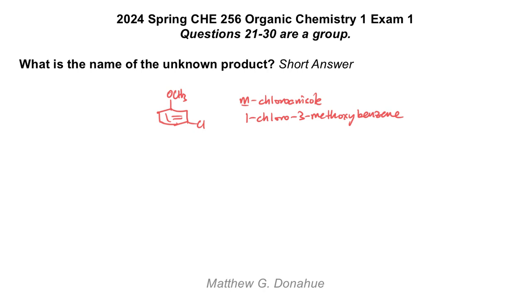You can expect similar questions on those exams where you're given clues about the product, and then you're slowly building up a case to prove what the structure of the unknown product is.